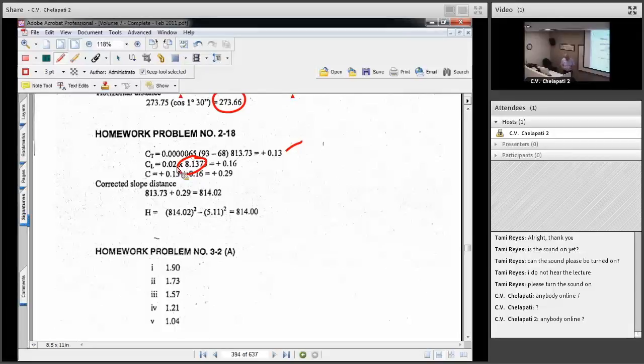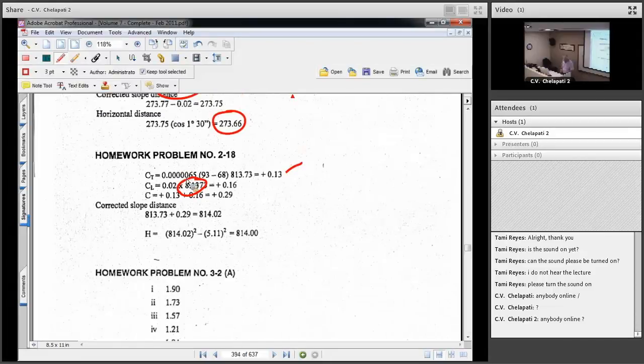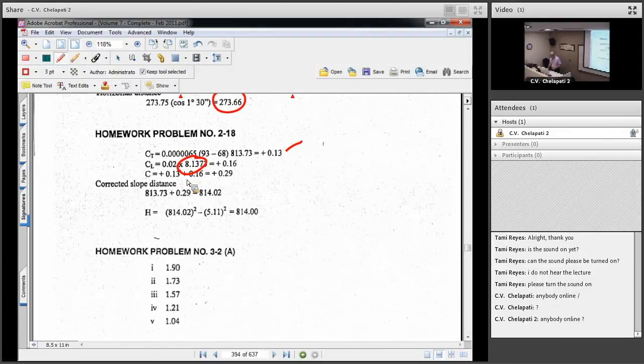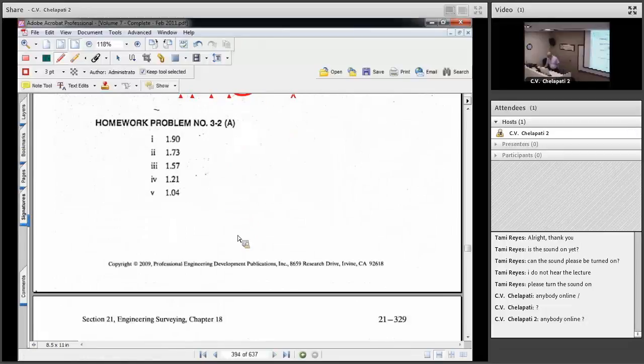And then the last one is we're correcting for the difference in elevation. So we correct for length and temperature. And then we have a total correction for the corrected slope distance. And then we're going to use the Pythagorean theorem, because we know the elevation difference and we know the corrected slope measurement. So the horizontal distance, 814 feet.